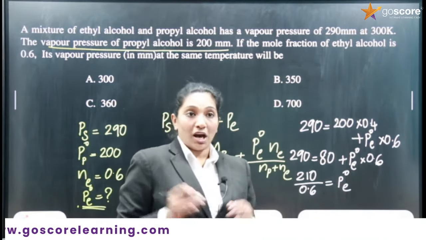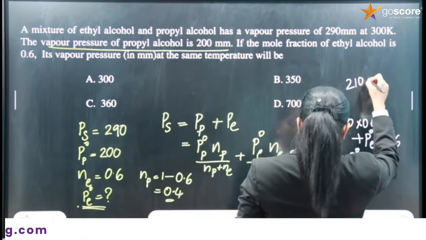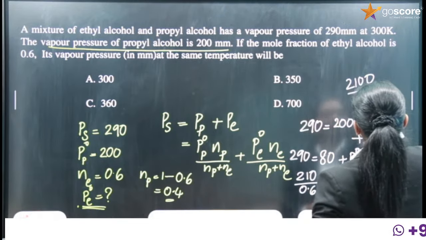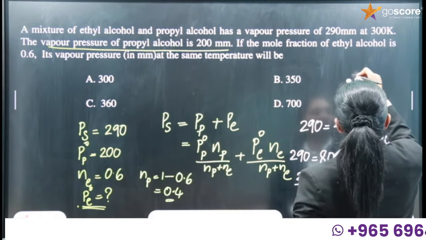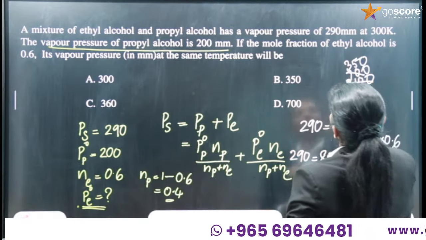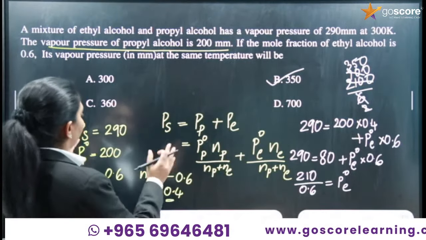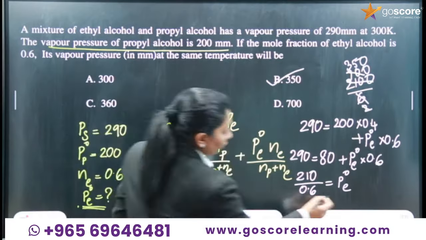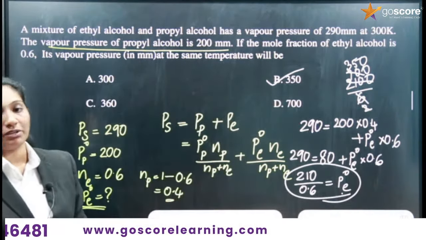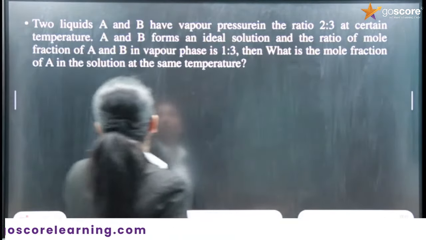That is 2100 divided by 6, and by doing this we will get the value 350. So the partial pressure of the pure component ethyl alcohol will be 350. So option B will be your answer. Okay, now we can move on to the next question.